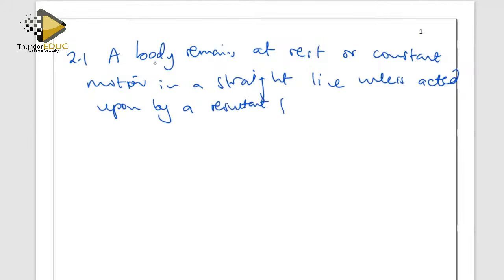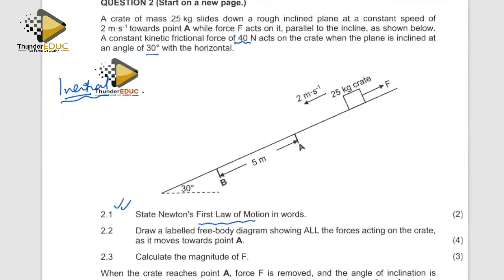Call it the resultant force, or we can call it an external force. So unless we have something extra acting on it, we expect the body to continue moving in the same direction or resting the way it is.